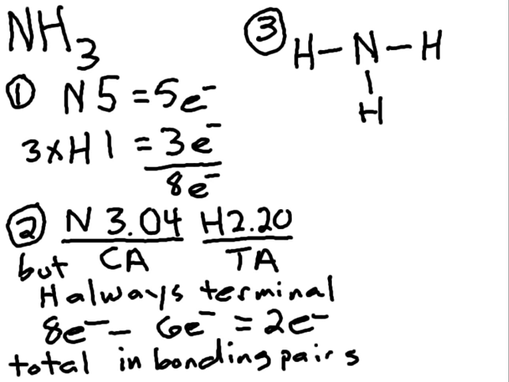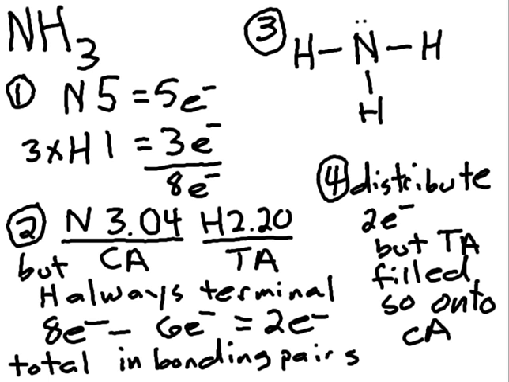The third step requires formation of a skeletal structure by bonding each terminal atom to the central atom. The bonding pairs are then subtracted from the total. The fourth step requires the remaining electrons to be distributed to the terminal atoms symmetrically in pairs, except for each hydrogen. Hydrogen can only accept 2 valence electrons, and those are already represented by the bonding pair. This is the hydrogen duet rule.